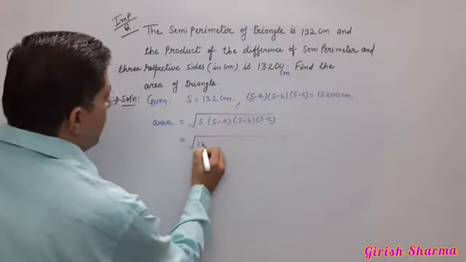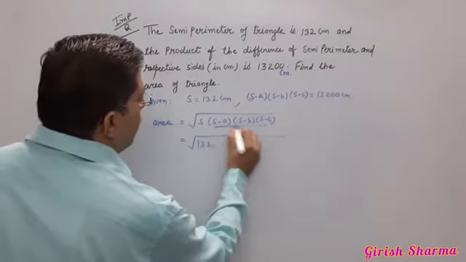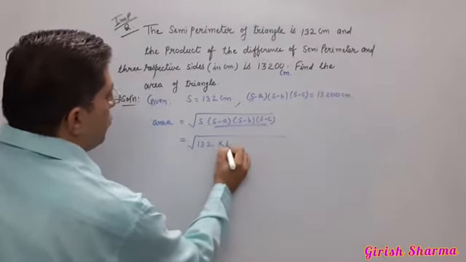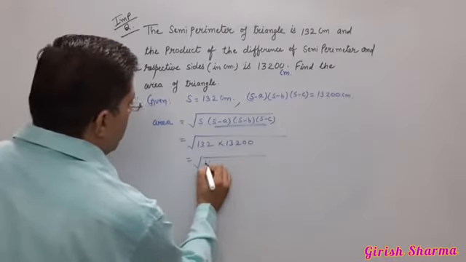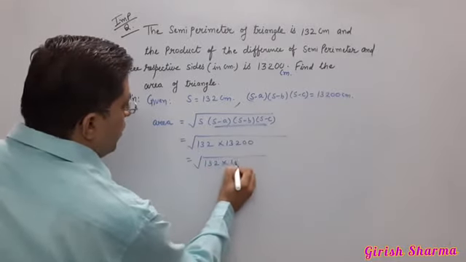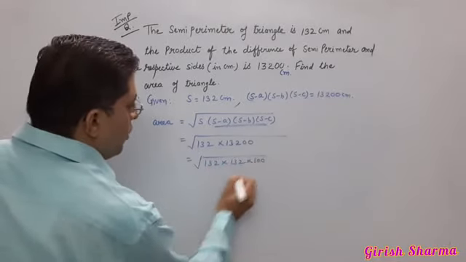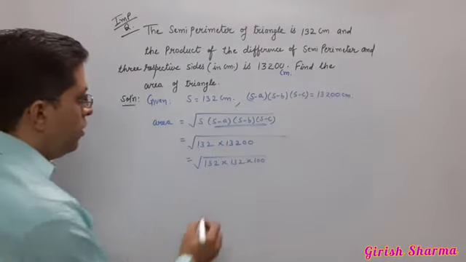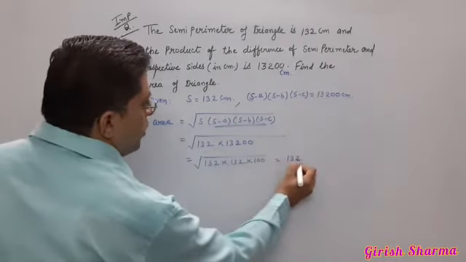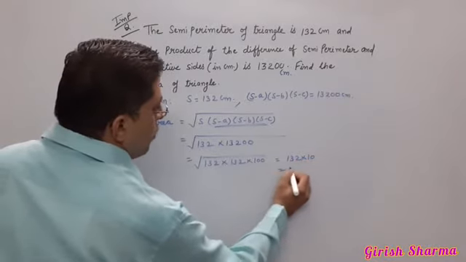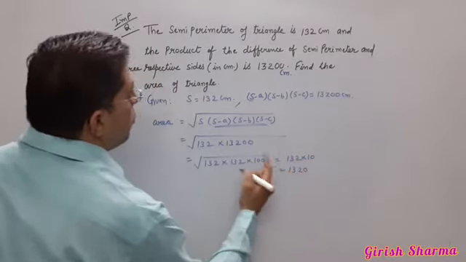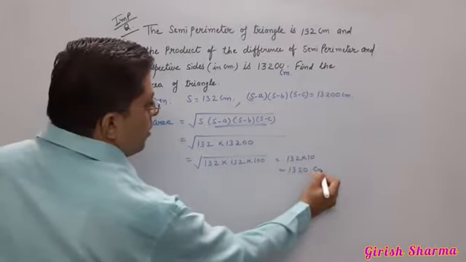S is given to you 132, and this full value we have given 13200. For your convenience I am writing 100. So what will come? 132 into square root of 100, which is 10. So the answer will be 1320, and the unit is centimeter square.